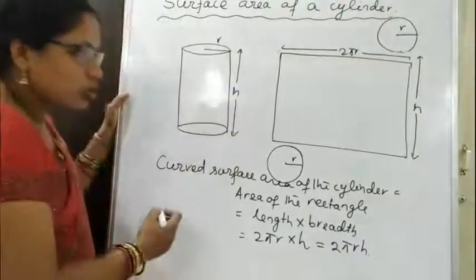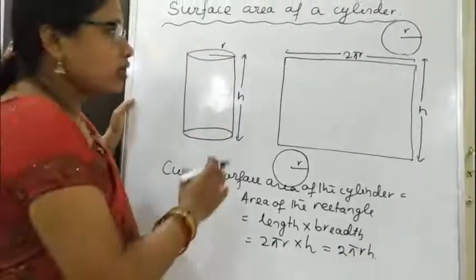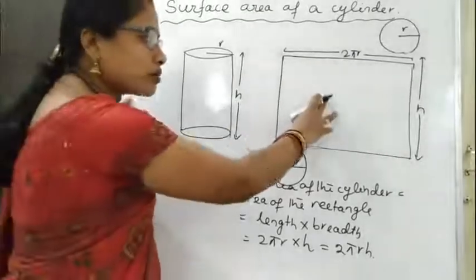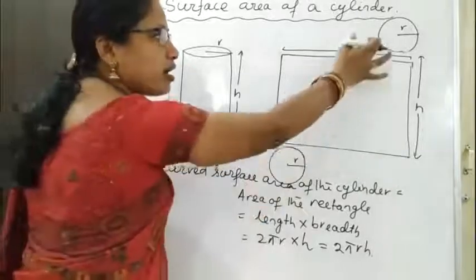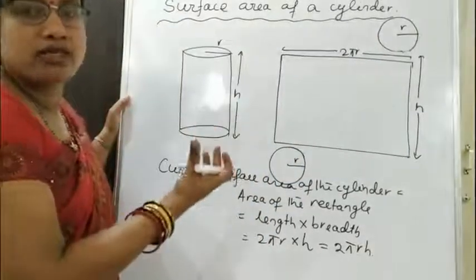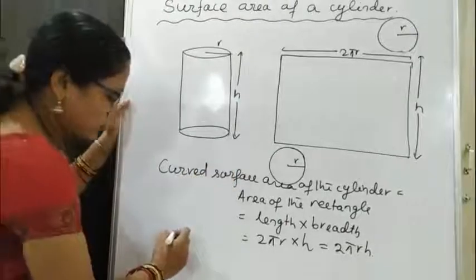So what is the total surface area of a cylinder? The total surface area of the cylinder is equal to curved surface area plus area of two bases. In a cylinder the two bases are circles.